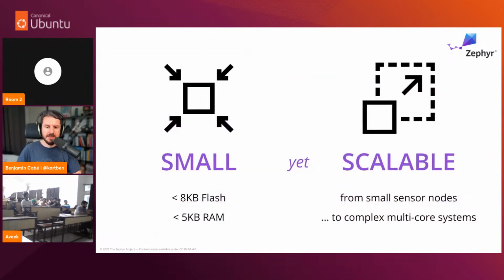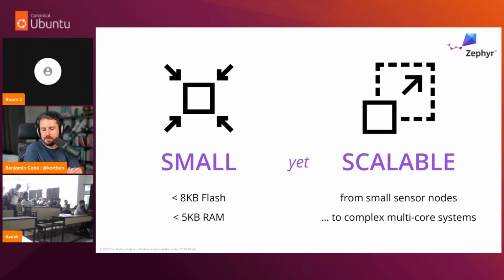And like I said, it starts from really, really small, tiny wearable devices, with just tens of kilobytes of flash, let's say, and a few kilobytes of RAM. It might not do much with such constraints, but that's how you end up powering things like wearables or control algorithms in a smart thermostat, things like that.